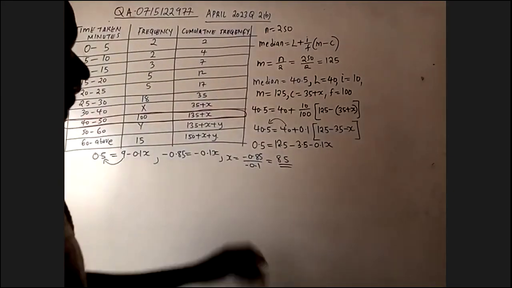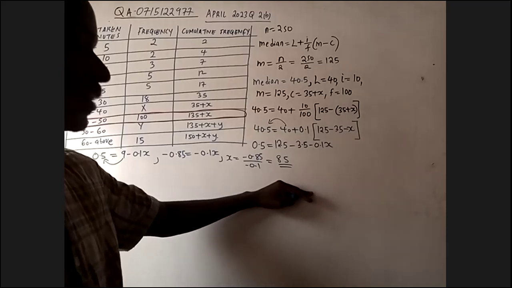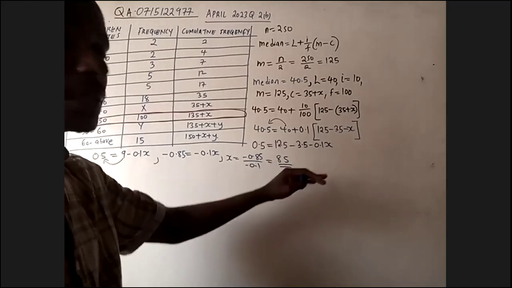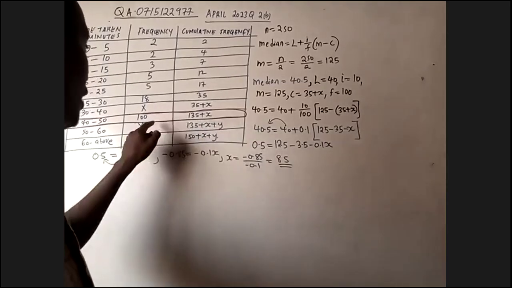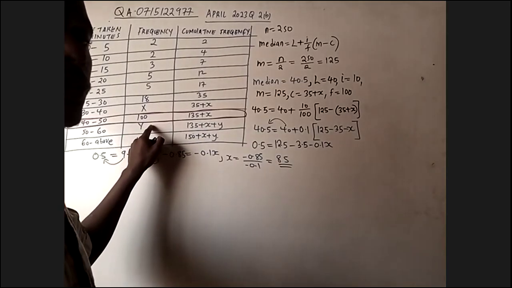Now part B: we need to use the formula. But you can confirm even before you do part B what your x and y are, right?